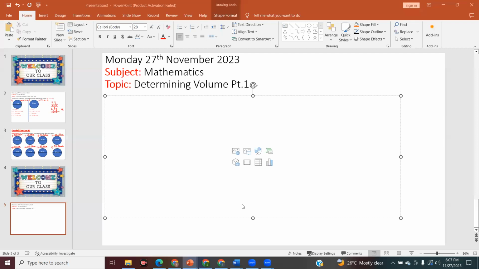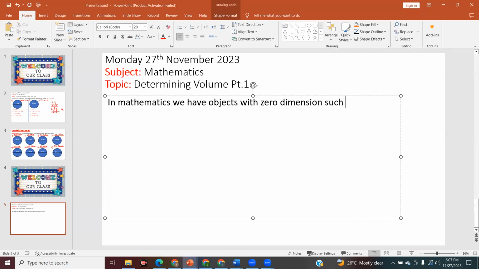So in mathematics, let's say we have objects with 0 dimension, such as a point.